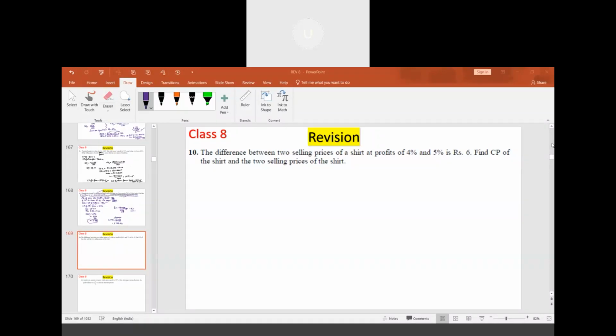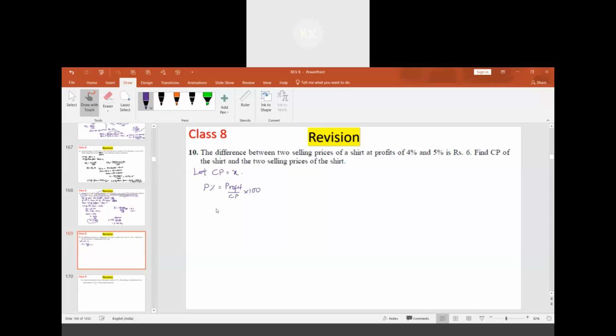Let us write the equation in terms of X only, and let's see. Suppose I consider the cost price to be X. On one shirt, there is a profit of 4%. Profit percent is profit by cost price into 100.